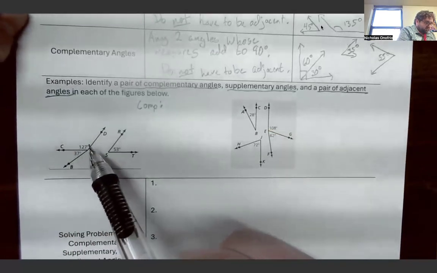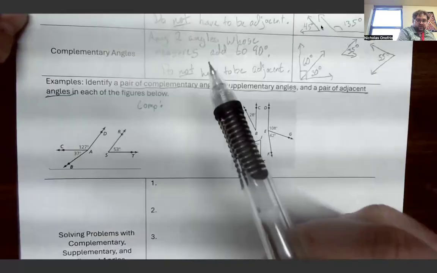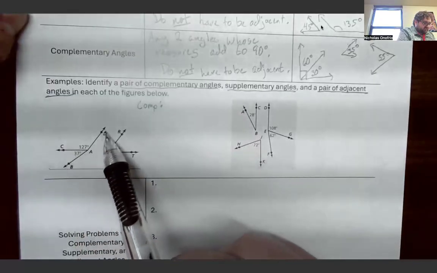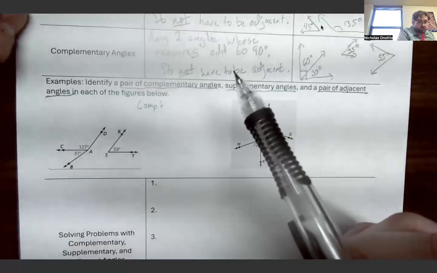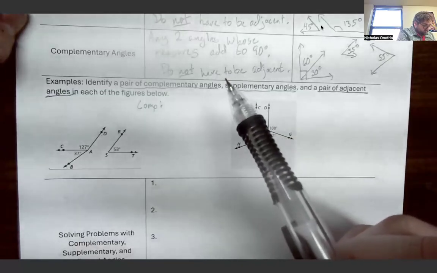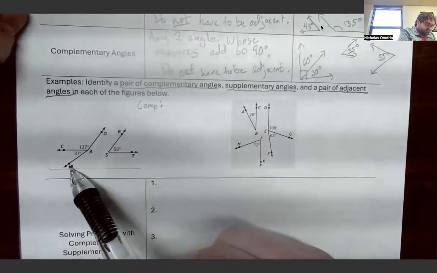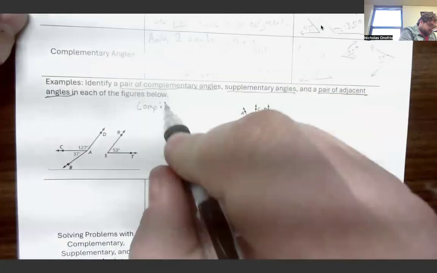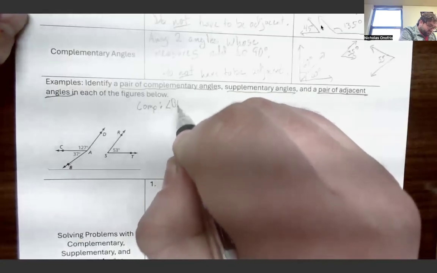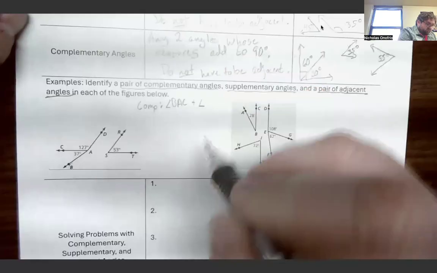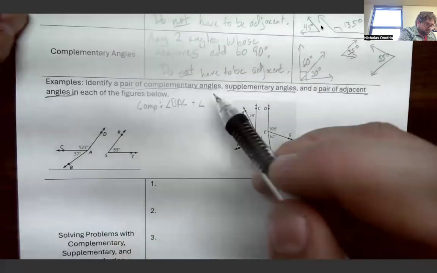Right away, we remember that complementary angles have to add to 90. So we see our angle CAD, that's over 90, so that's no good. That's not going to work. Which means really our only choices are angle BAC and angle RST.